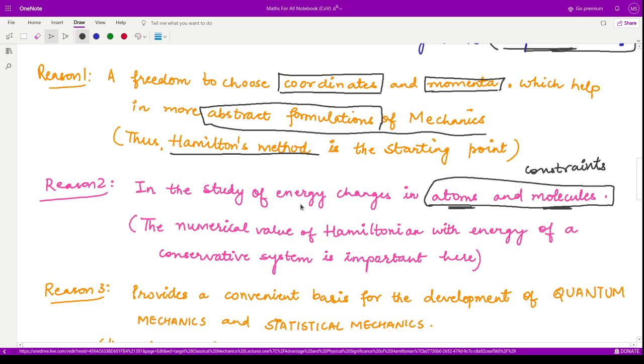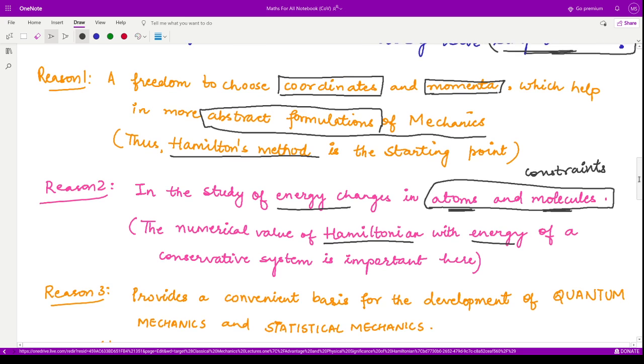So in order to study the energy changes, we make use of the Hamiltonian approach, where the numerical value of the Hamiltonian represents the energy of the system. That is why we use this approach.